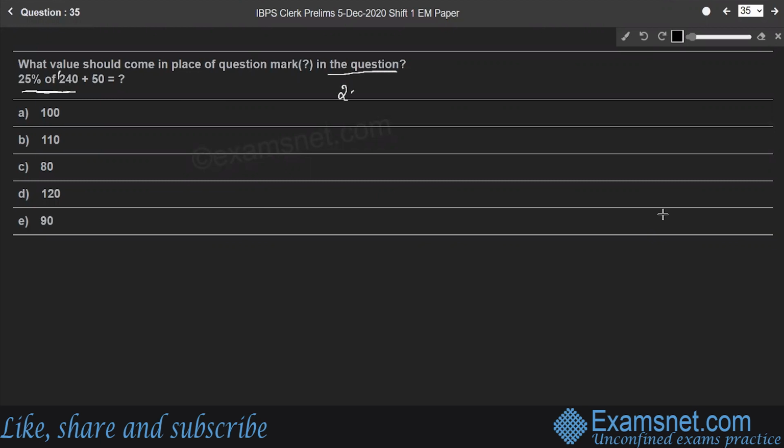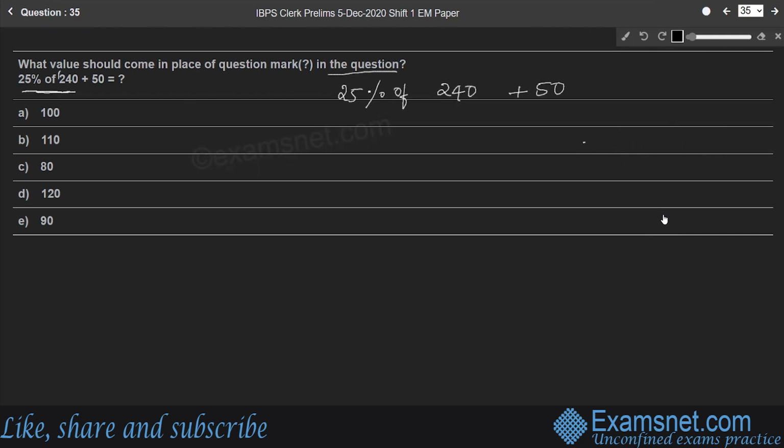It is given 25% of 240 is one part and 50 is another part. If it were given differently, then the answer would be different, right? But here it is given as 25% of 240 plus 50, right? So let us solve it.